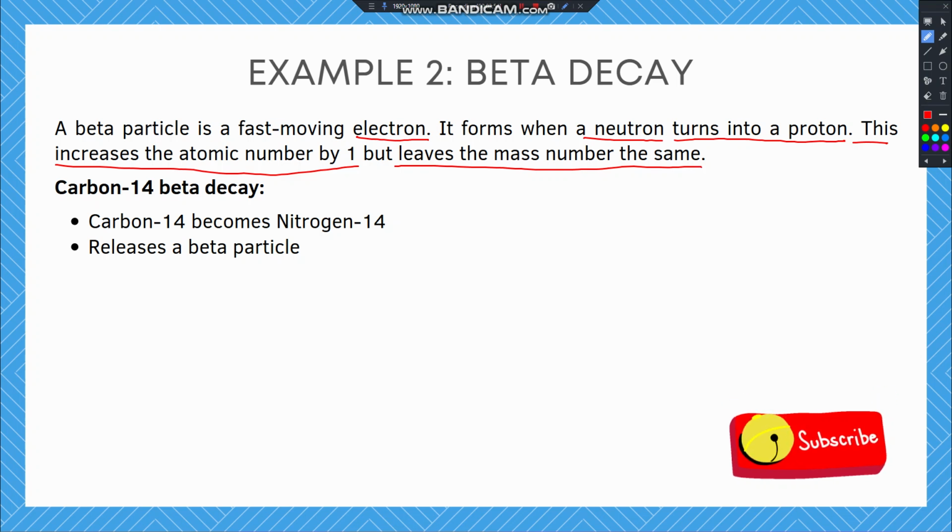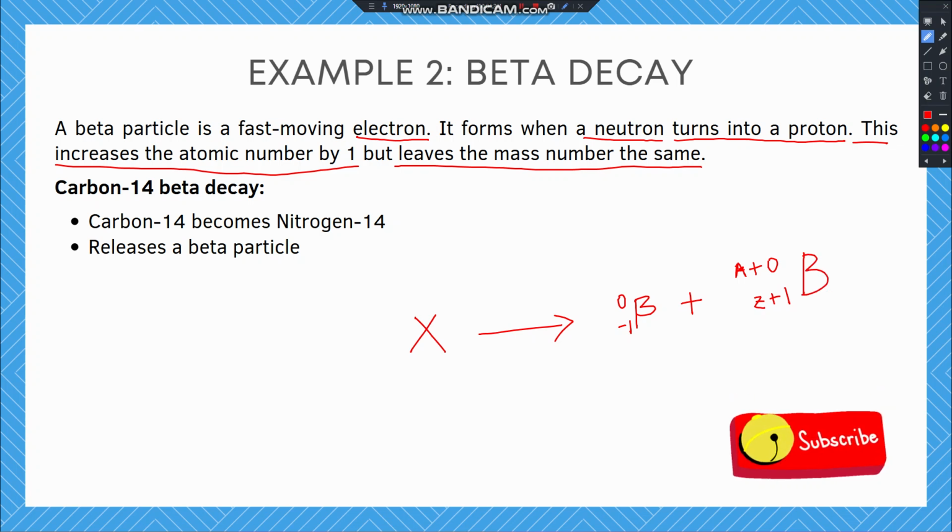So what they're trying to tell you is that when an element, for instance, let's say X, undergoes a beta decay, it releases the beta particle which has these values, and then what happens is that the mass number, which is a superscript placed at the top left corner, let's say the mass number is A, the mass number will be the same, which is A plus 0. It remains the same, but the atomic number will become Z plus 1, and whatever the symbol of the element is, it will remain the same.